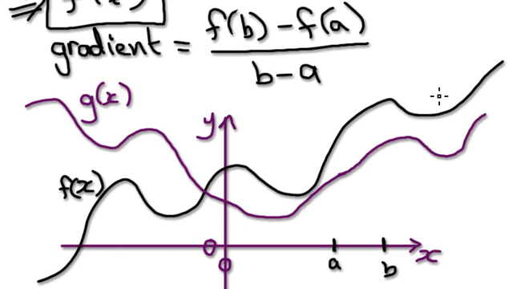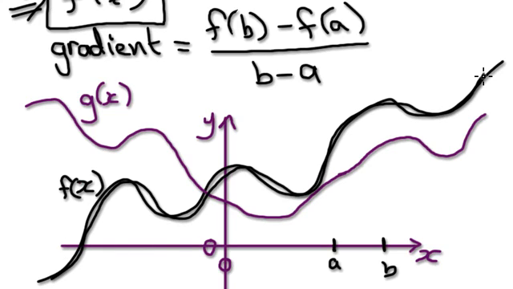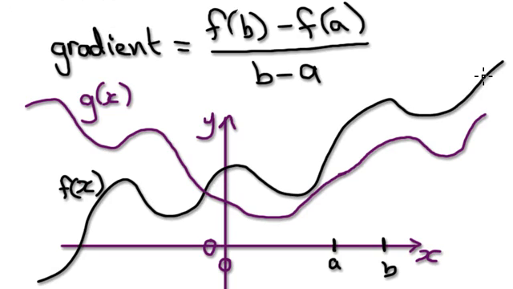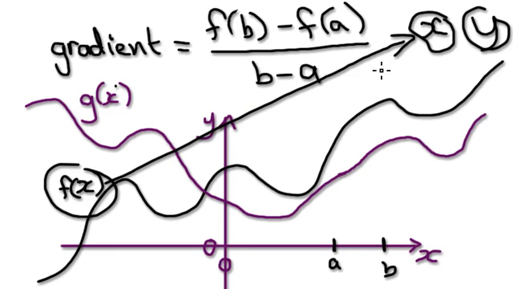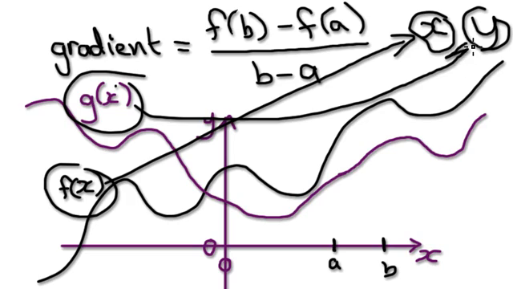Let's say the black line here represents f of x, and this purple line here represents another function. Just like x and y, this allows you to work for a general case. This f of x is like one line, and g of x is like another line. So by using f and g, we can work for a general case.